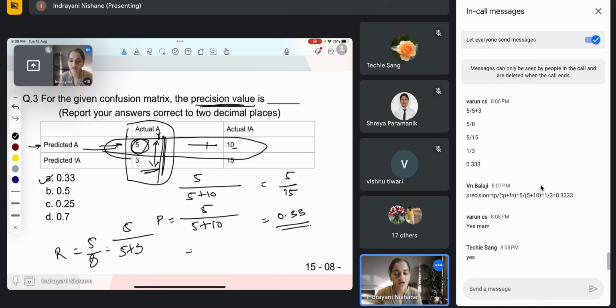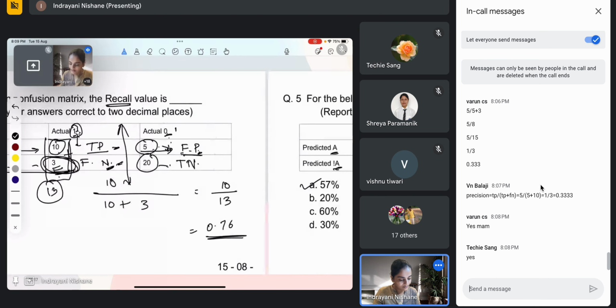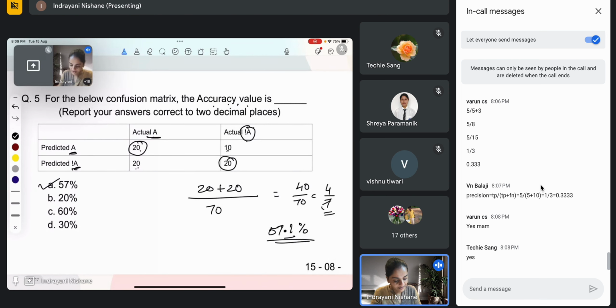In terms of an ML algorithm, precision is based on its performance, that is, its predictions, and recall is based on what the actual data says. So in the recall formula we consider what is the actual positive, and out of that how many are correctly recalled as positive, right?